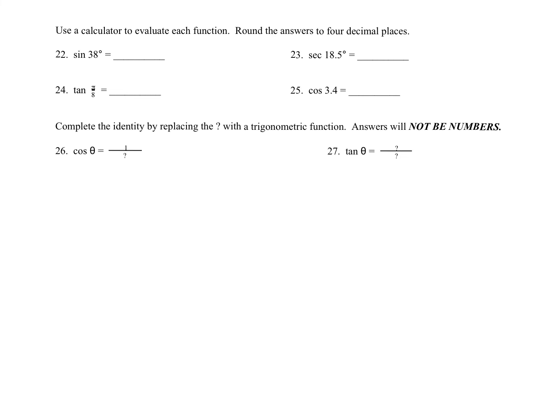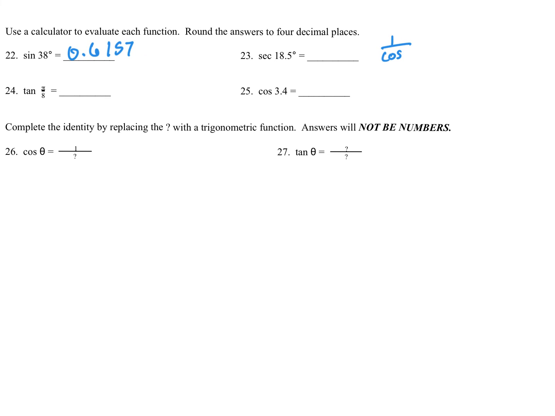22, you just have to punch it into your calculator. So be careful you have your calculator setting on degree when you do degree, and set it on radian when you do radians. So the first one, sine of 38, 4 decimal places, 0.6157. Number 23, secant is the inverse of cosine. Since this is in degrees, make sure it's on degrees.